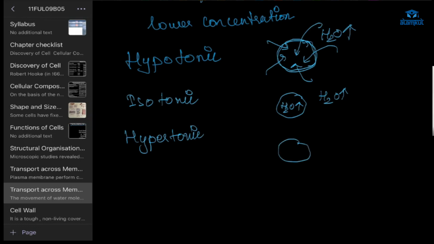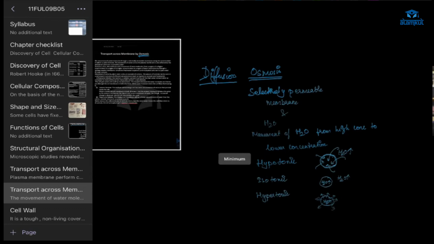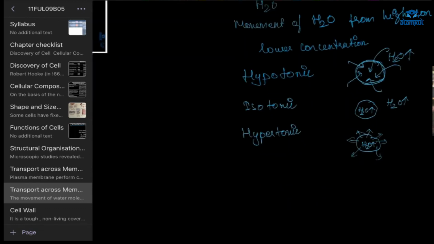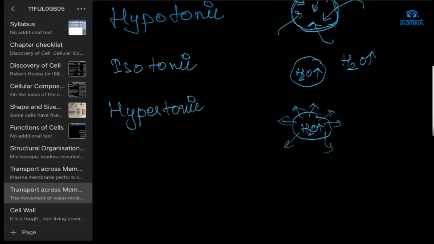In this, the H2O concentration inside the cell is more. So what will happen? Ma'am, I think the water will move outside. Water will come outside, so the cell will shrink.